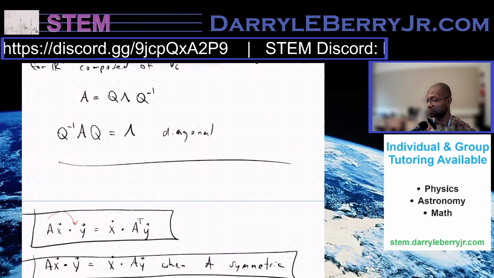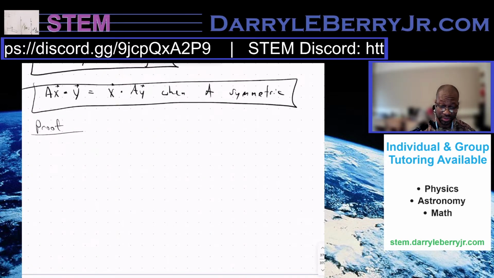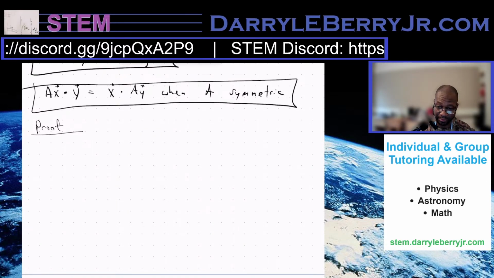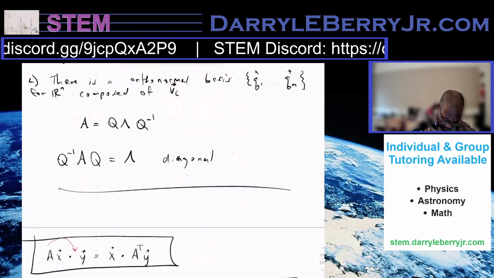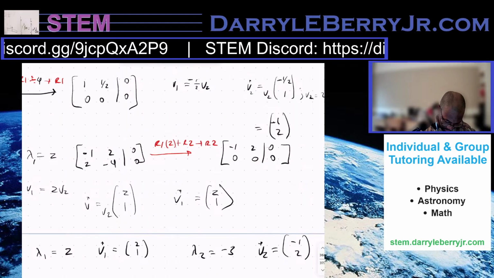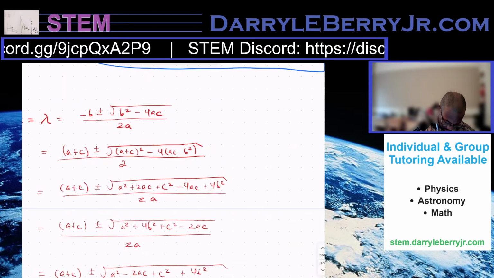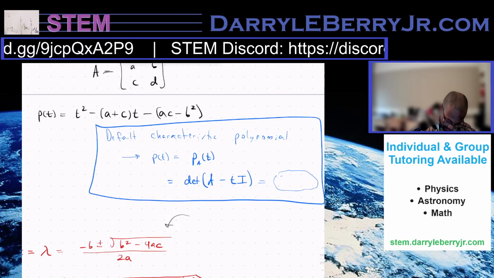We begin by proving that the eigenvalues of a symmetric matrix must be real. This is going over what we did earlier, where we had a symmetric matrix here with the squares inside.